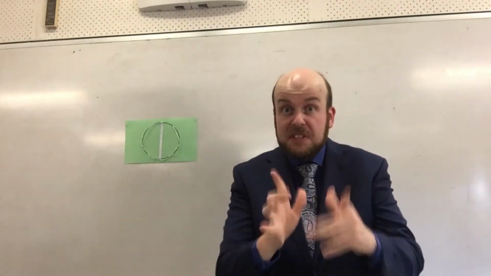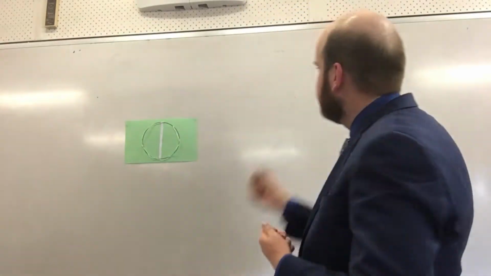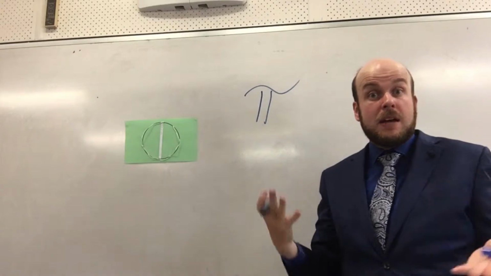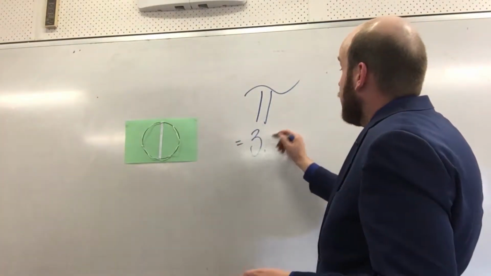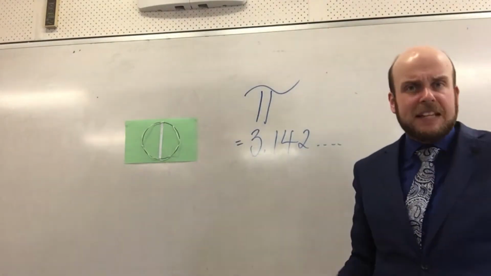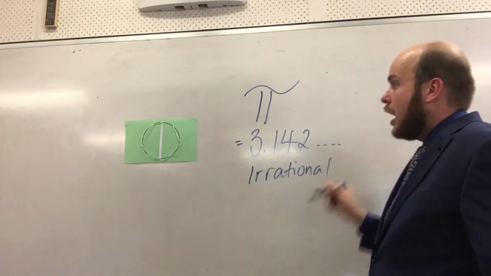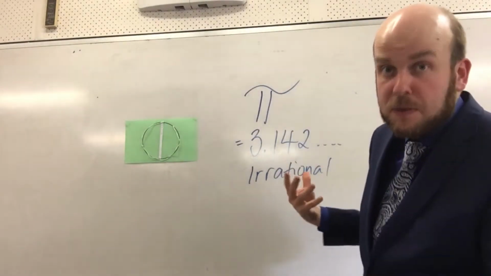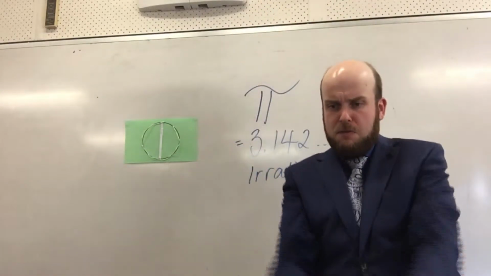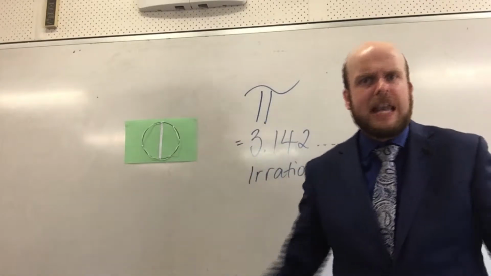Well, funny enough, this is where you might have heard of a little thing that we call pi. Pi is a number that, if I round it up, has an infinite number of places. It's what's called an irrational number. And basically what we've discovered about pi is that the diameter of a circle can fit around the circle 3 and a bit times. That's basically where this pi came from.